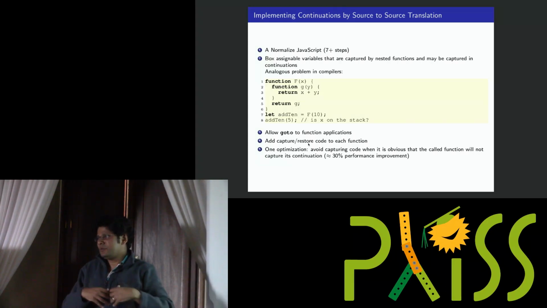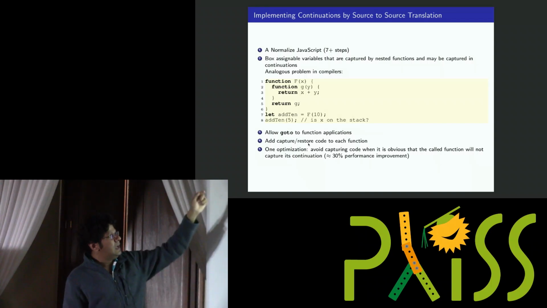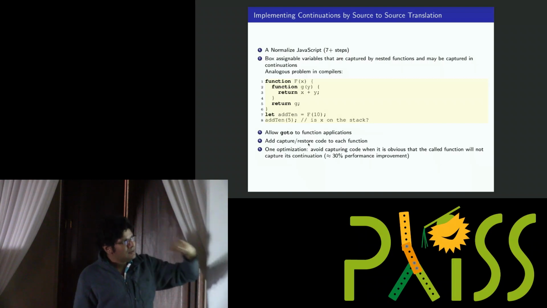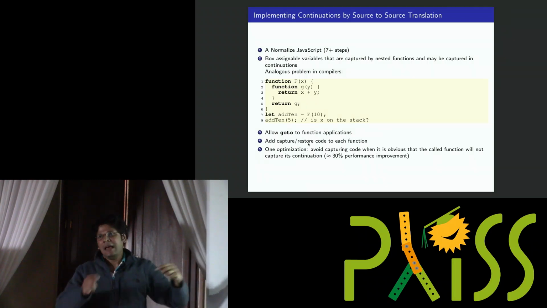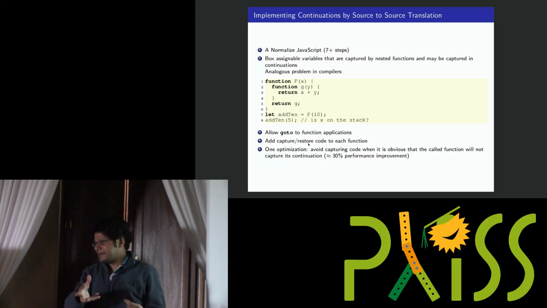So you need to implement closures correctly. And there's an analogous problem that happens when implementing continuations here. If you have an assignable variable that's used in a nested function and it may get captured by a continuation, when you re-enter the function, you need to ensure that it has the same memory location.